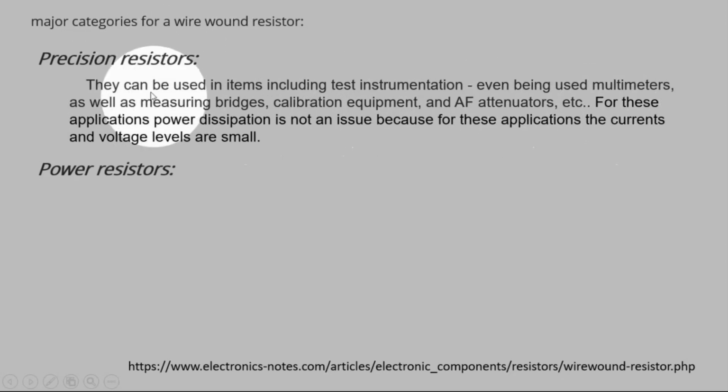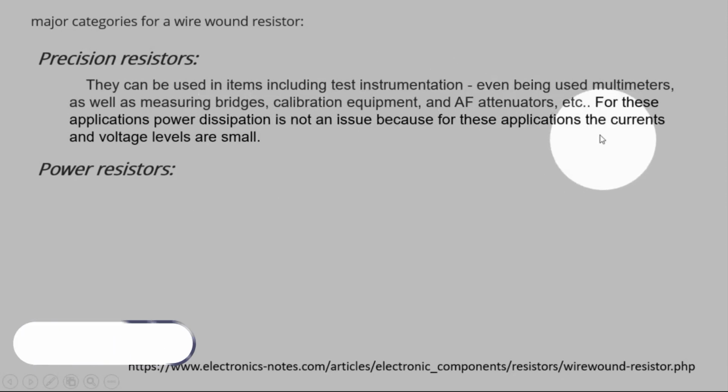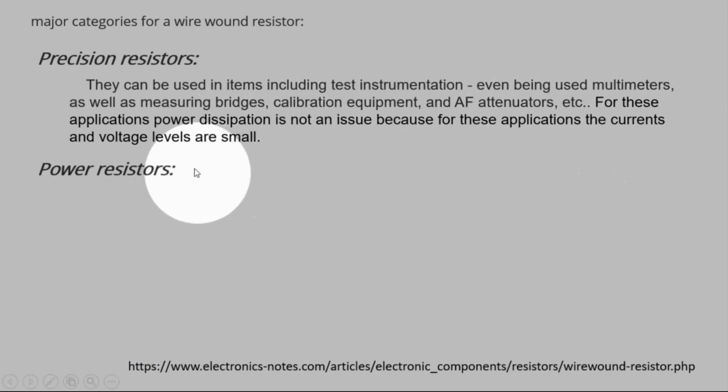The Wirewound resistor is the best device for these precision testing instruments, as they require only very small current and voltage, and power is not an issue.